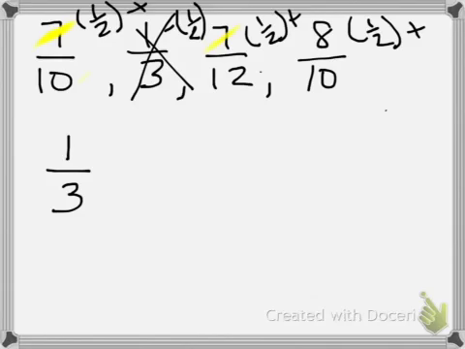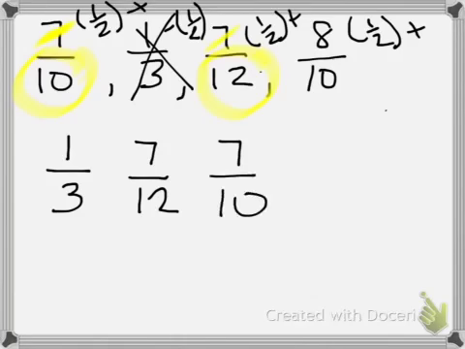If the number in the numerator is the same, all they have to think of now is how big are 10th size pieces and how big are 12th size pieces. Which one is bigger? Well, if you break up a whole into 10 pieces and you break up a whole into 12 pieces, a 10th size piece will actually be bigger than a 12th size piece. So right now we have 7/12 and 7/10.